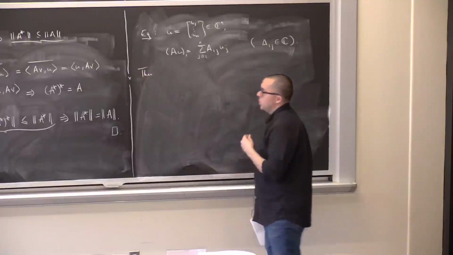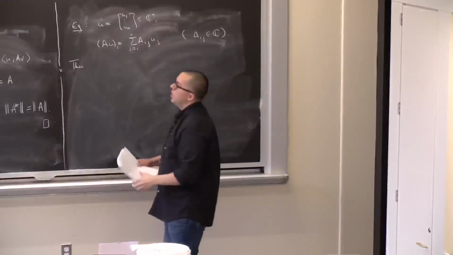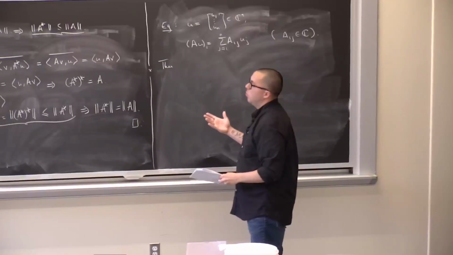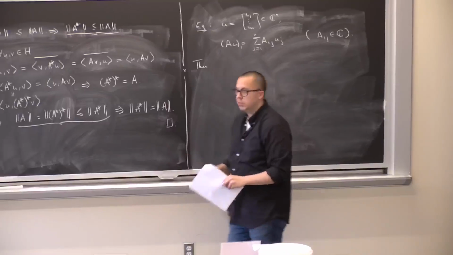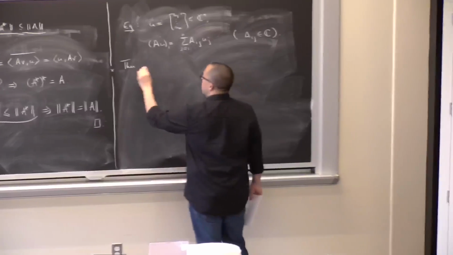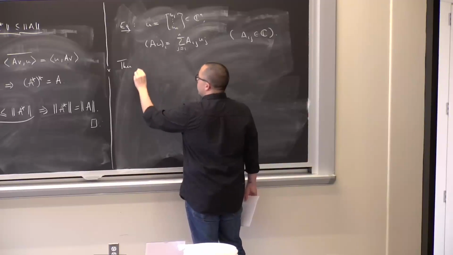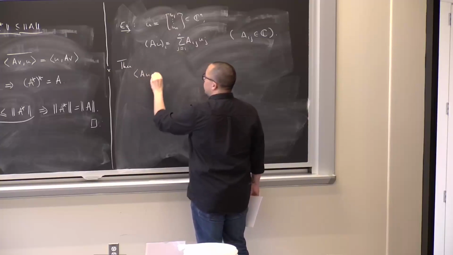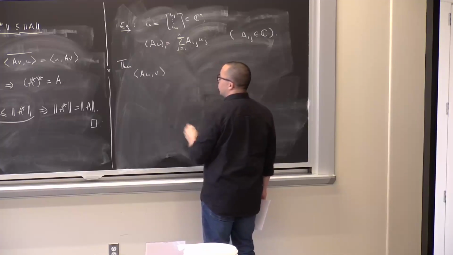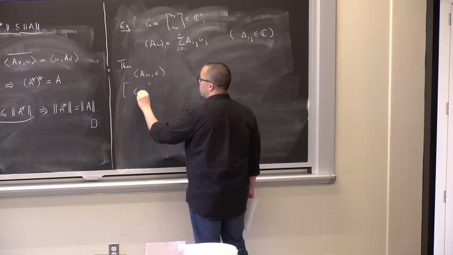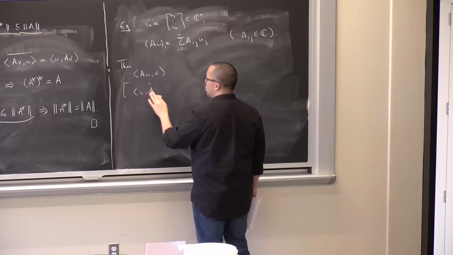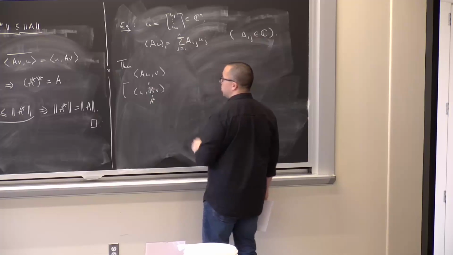Then to determine what the adjoint is, we figure out what's the operator that satisfies the identity the adjoint has to satisfy, right? So if we take A U and take its inner product with V, we want to be able to write this as U with some operator applied to V, and that would be the adjoint.